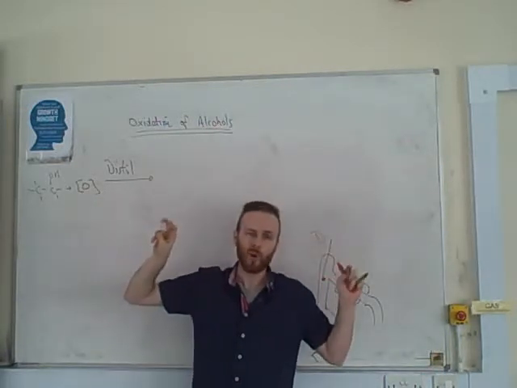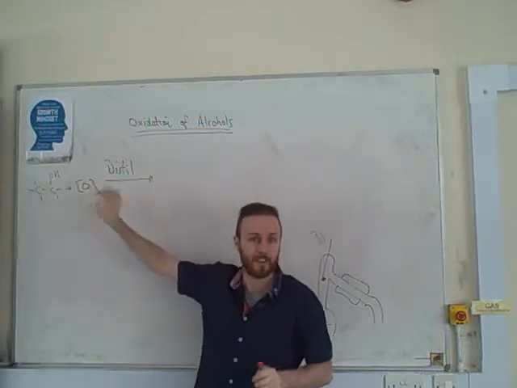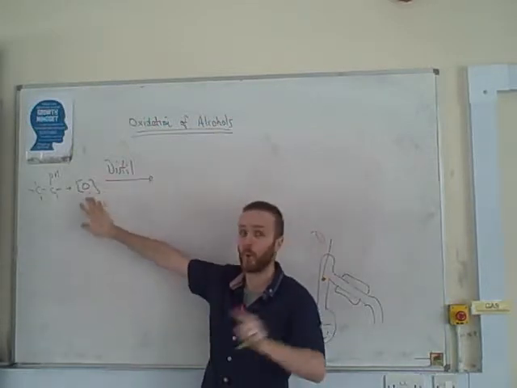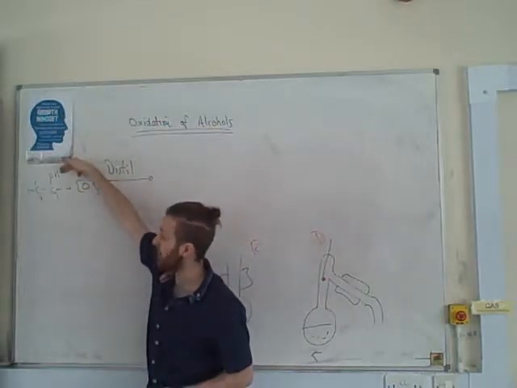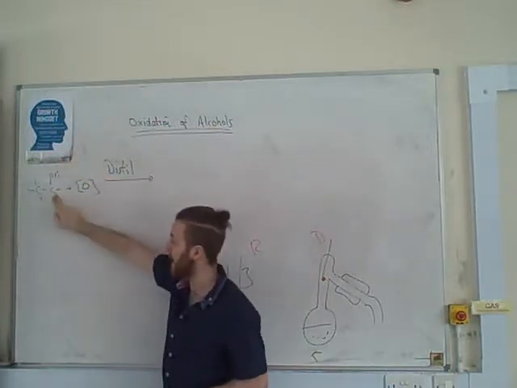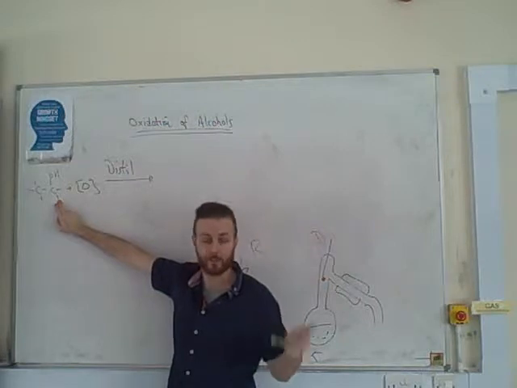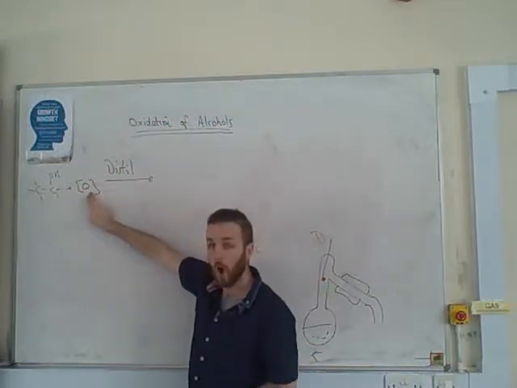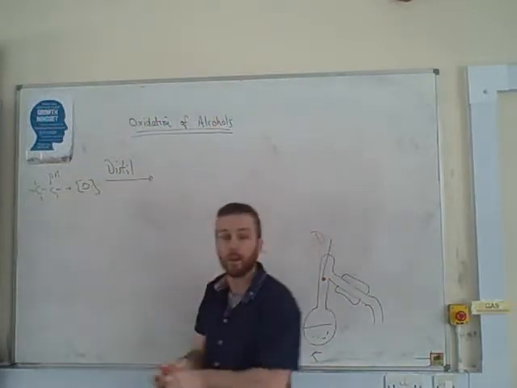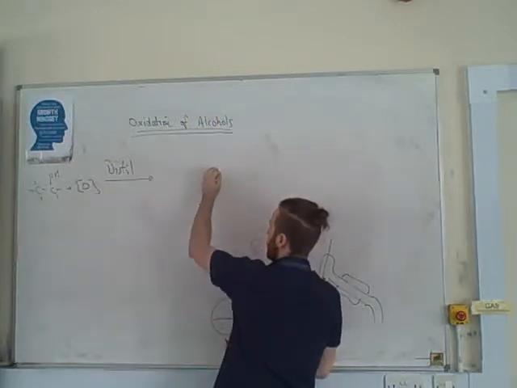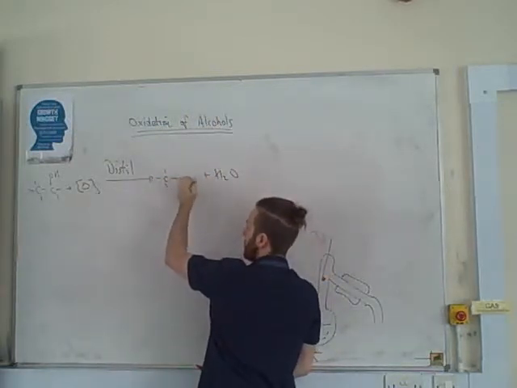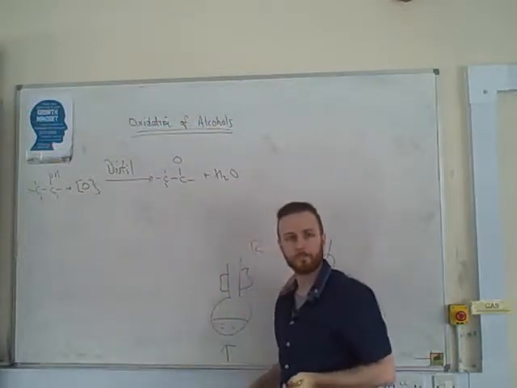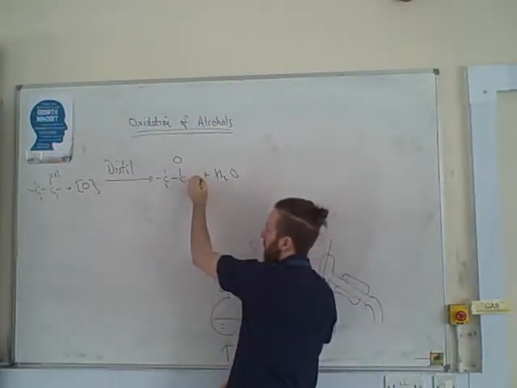This O, which isn't really there, we're pretending it is, and that's fine, just go with it. This O pulls off an H from the oxygen there, and an H from the carbon attached to the oxygen. So I have an O and two H's, and that's going to make H2O. What's that going to leave me with? Well, this. I'm just going to put this H on.